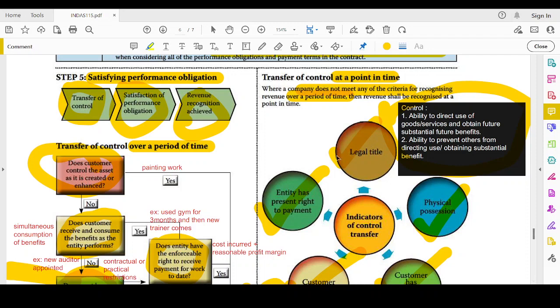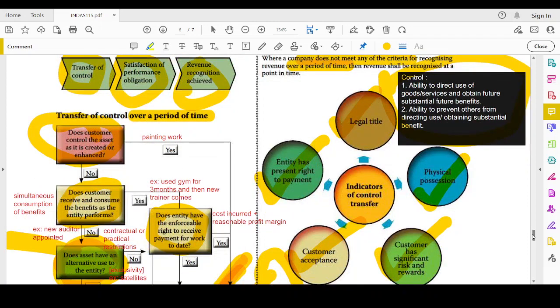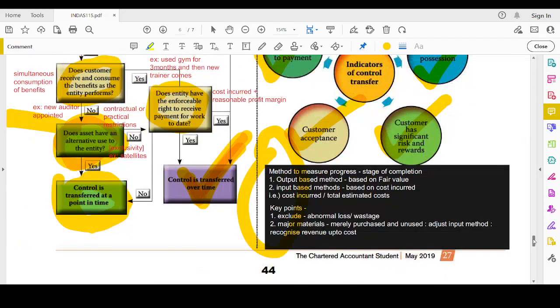Under transfer of control at a point in time, the standard gives us five indicators. What are the indicators? It could be legal title or physical possession, or the customer has significant risks and rewards, or the customer has accepted the transfer, or the entity has the present right to payment. If any of these five are present, they can be treated as indicators of control transfer.